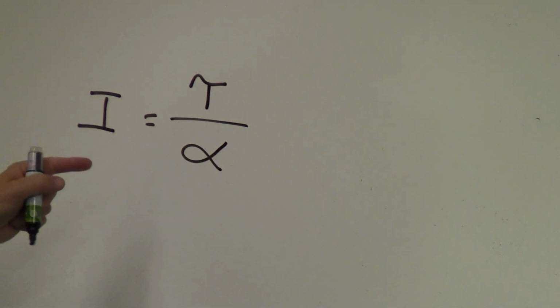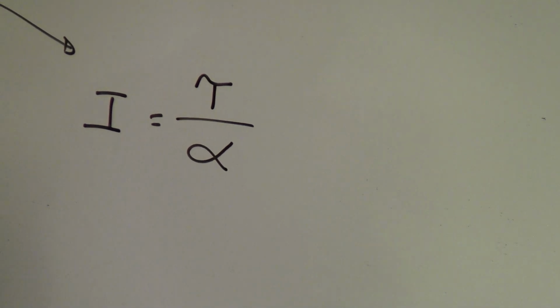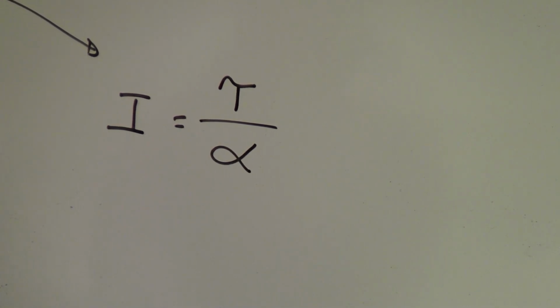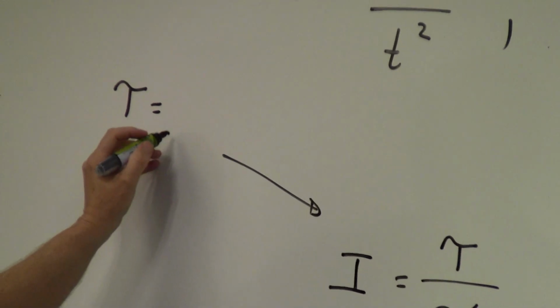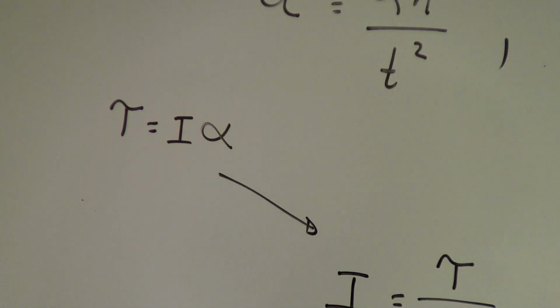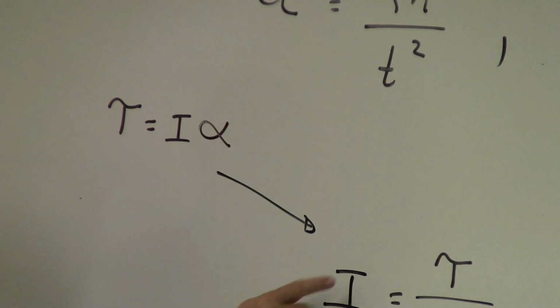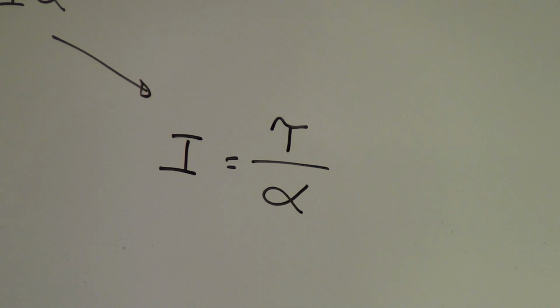Now again, if that one doesn't look familiar, let me write it as we saw it in class. We called this Newton's second law of rotation. This says torque is equal to the rotational inertia times the angular acceleration. And so if you just rearrange it and bring the angular acceleration over, you can get the moment of inertia.